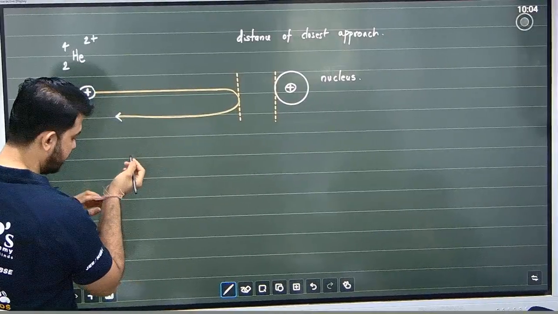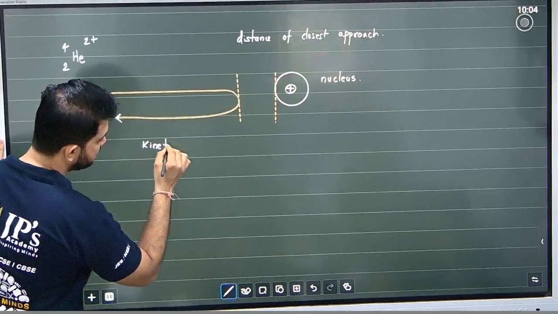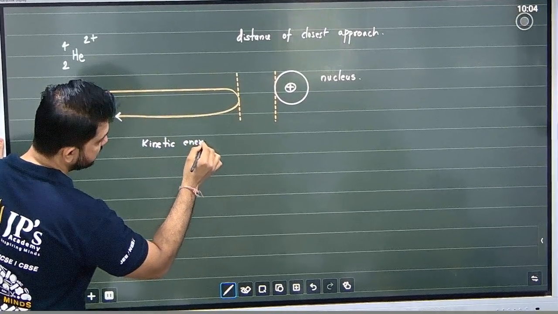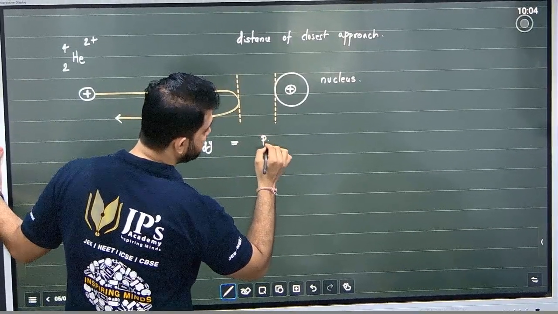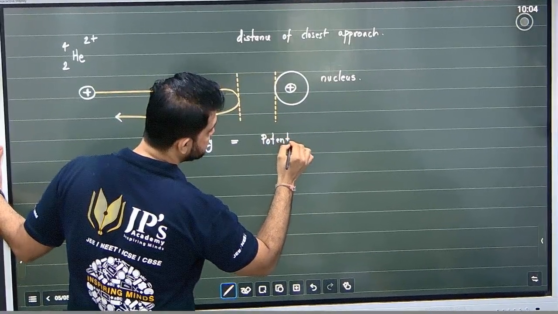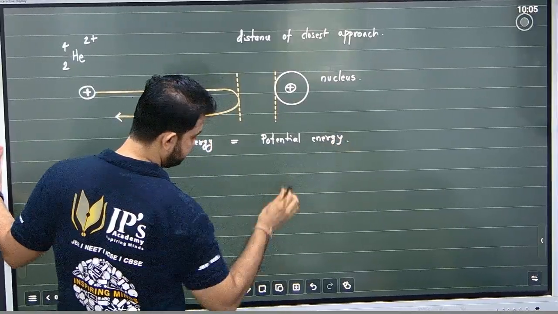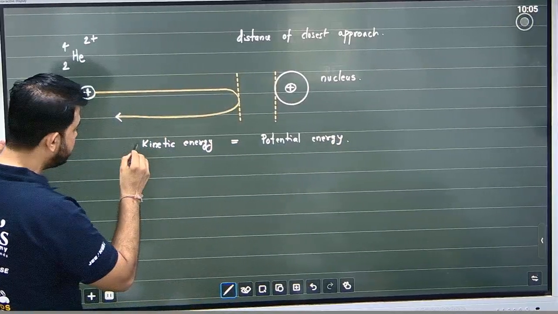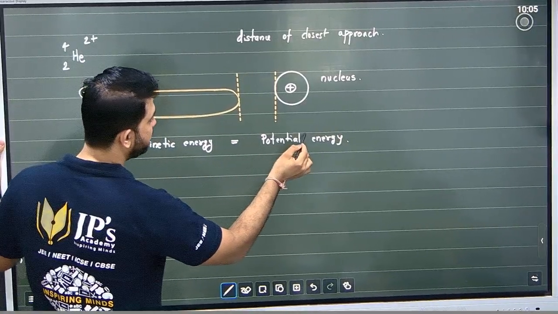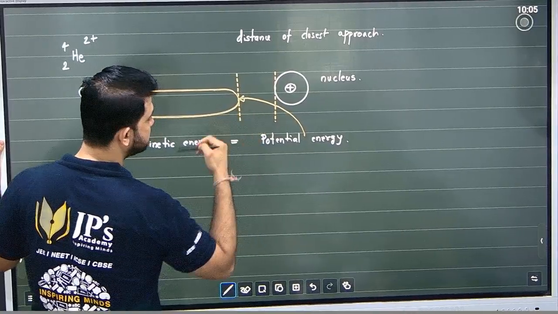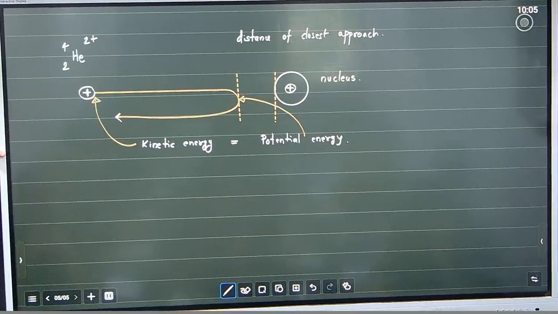So kinetic energy is equal to what energy, people? Potential energy. Kinetic energy at this point will be equal to the potential energy at this point. What was the formula for kinetic energy?